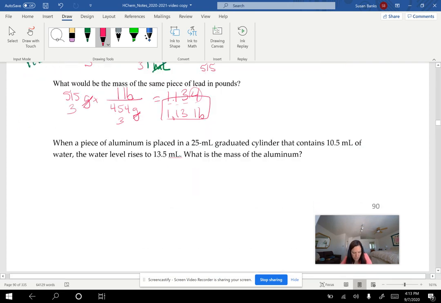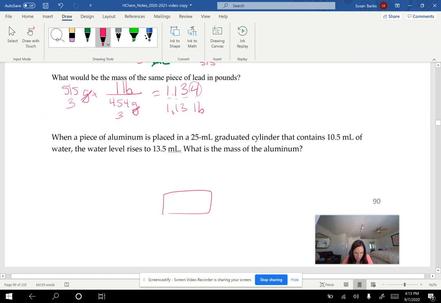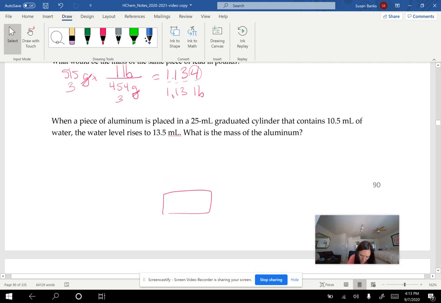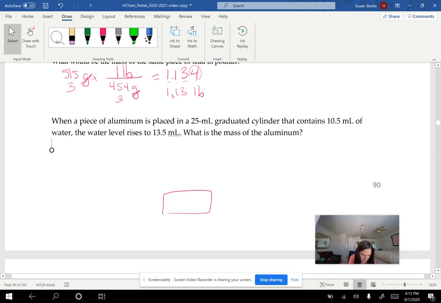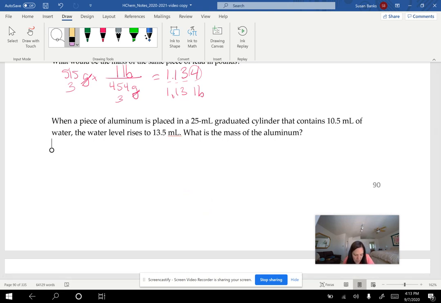All right, when a piece of aluminum is placed in a 25 milliliter graduated cylinder that contains 10.5 mL of water, the water level rises to 13.5.